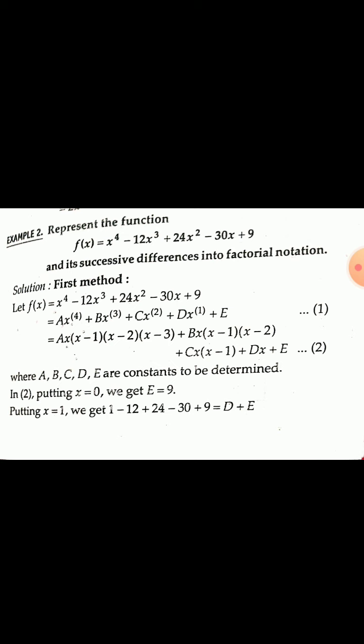In equation 2, putting x equal to 0, we will get E equal to 9.